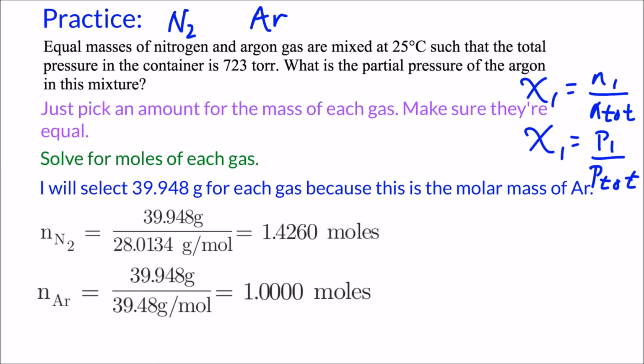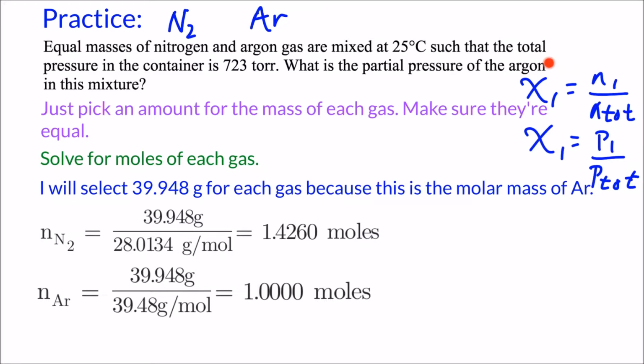Do a little dimensional analysis here: our grams divided by the molar mass will end up with moles. So this is moles of nitrogen, and here we get moles of argon.